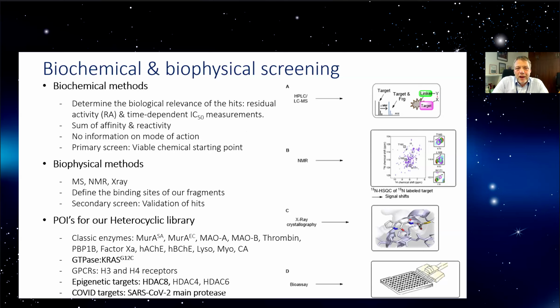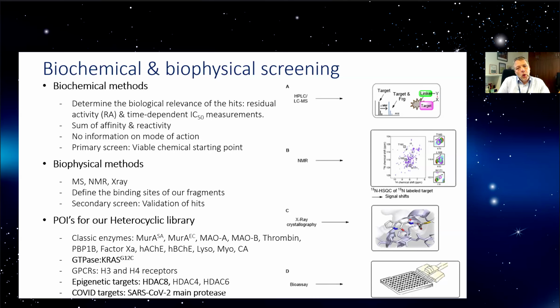But of course, just because of the biochemical detection, typically we have no information on the mode of action. In contrast, if we are using biophysical methods for the detection of covalent binding, then both mass spectrometry, NMR, and X-ray, I will show you how these methodologies would provide information on the binding site of our fragments, and that would facilitate their optimization to a full targeted covalent inhibitor.